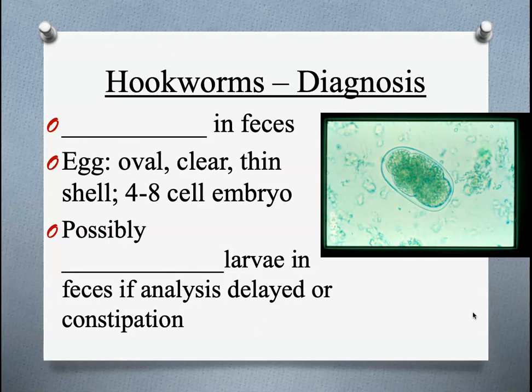Or, like I said, if the patient has constipation, then the eggs are hatching in vivo. So it's possible to see rhabditiform larvae, but when you are asked what is the diagnostic stage, your first answer is always eggs in feces. But we need to know about this possibility of seeing the rhabditiform larva.